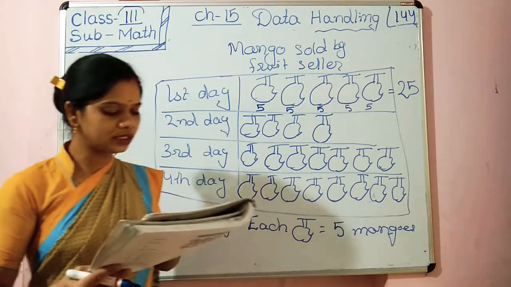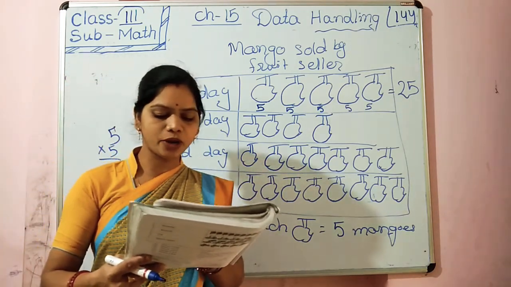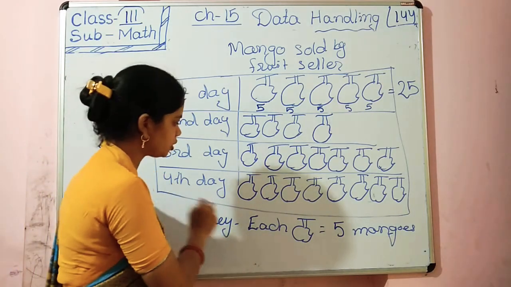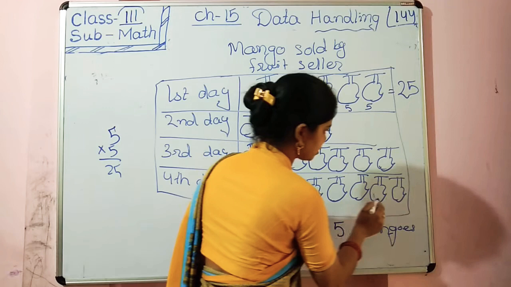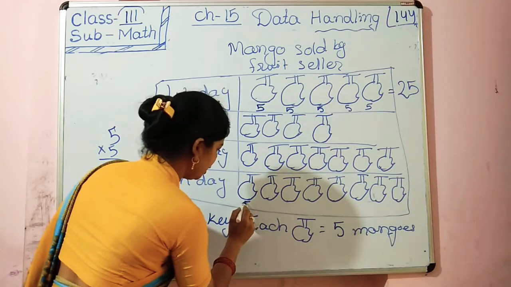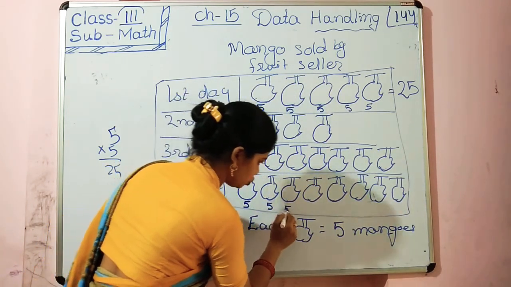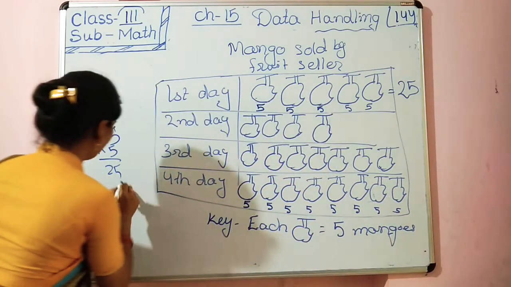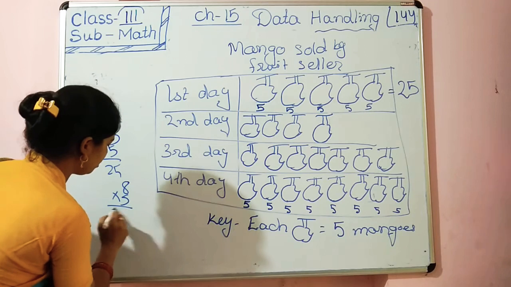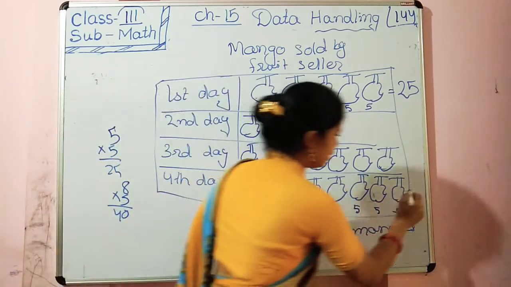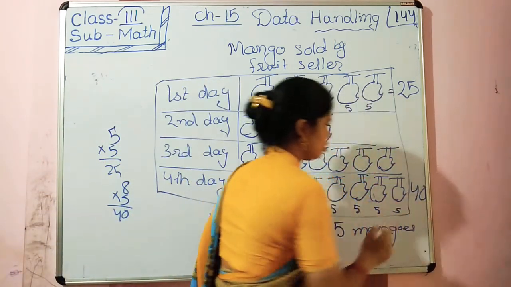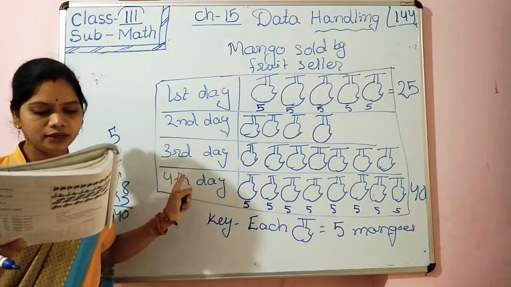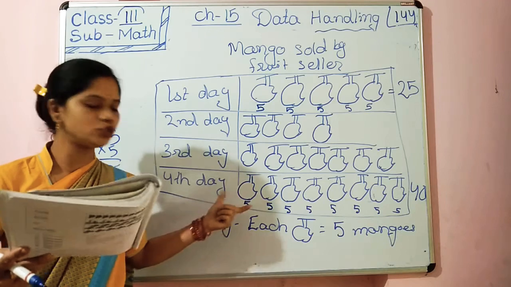Children, the question, on which day the highest number of mangoes sold? देखो on the 4th day 1 2 3 4 5 6 7 8. 8 मतलब each mango represents 5 mangoes. 8 multiplied by 5 is equal to 40 mangoes. On the 4th day the highest number of mangoes sold.